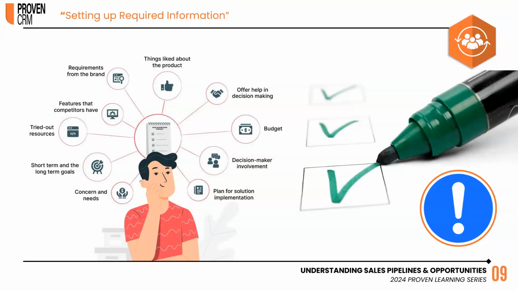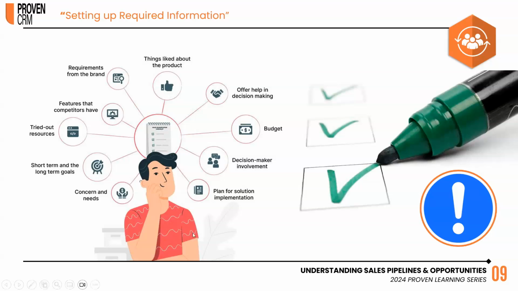It may also contain required information that will prevent our salespeople from moving an opportunity without capturing all the information that's necessary to moving this to the next stage of our pipeline.